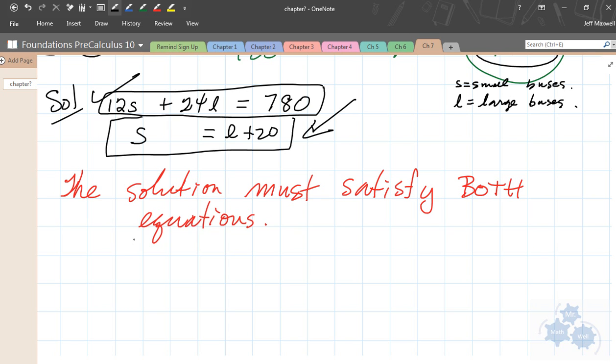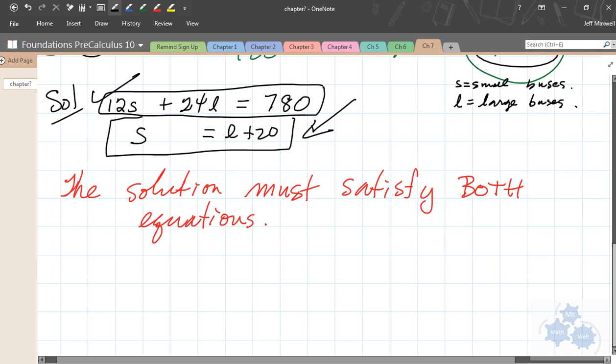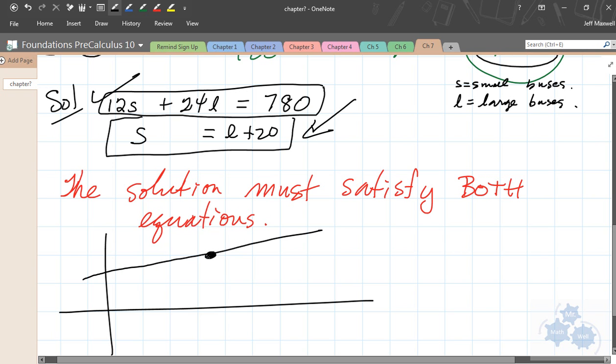And this one will focus more on next class. But what do the graphs look like if we have one point that's on two lines, two straight lines? It would look something like this. That point is on that line, and that point is also on another line.